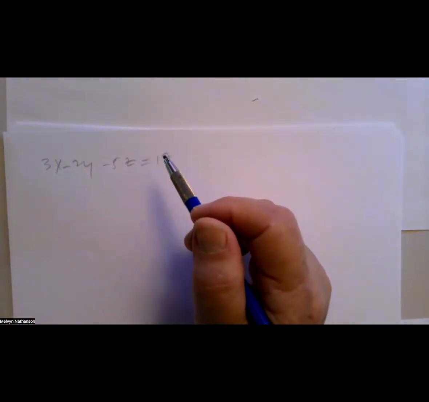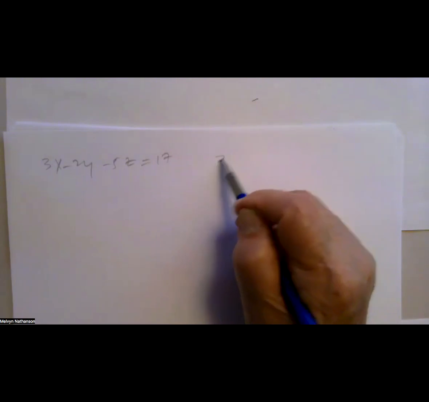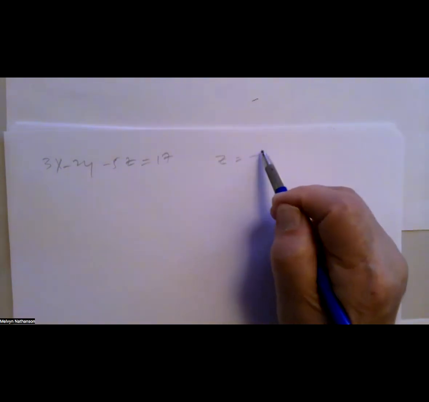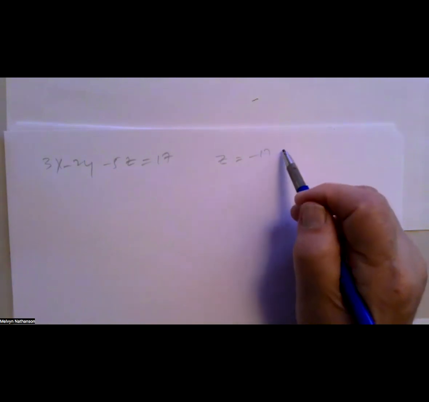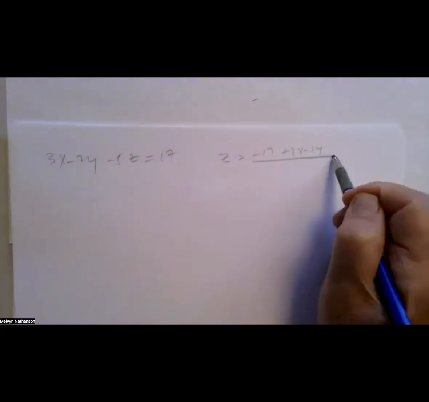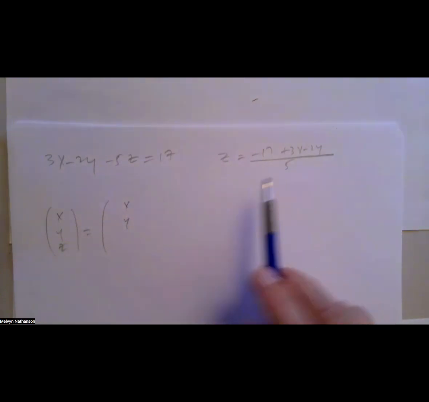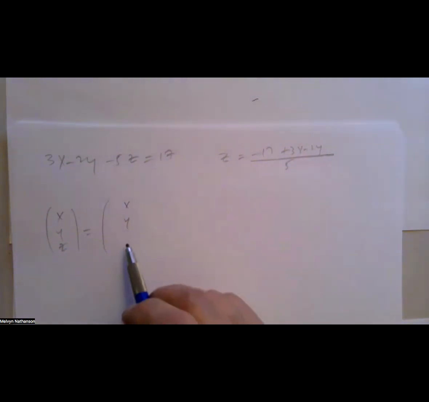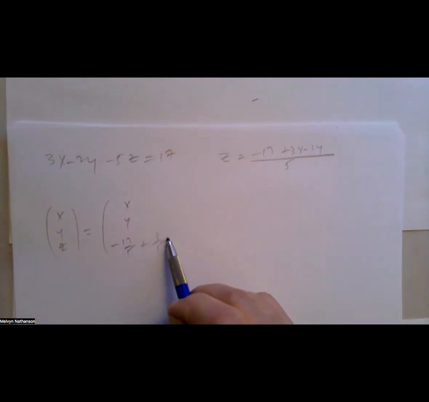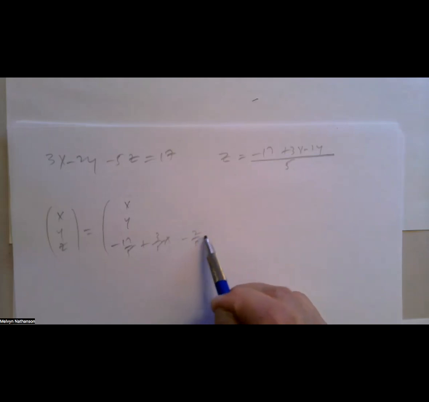And we solved for z, we got z is equal to minus 17 plus 3x minus 2y divided by 5. So the general solution of this equation is x, y, z equals what? Choose any number x, choose any number y, but once you choose x and y, z is determined. z is minus 17 over 5 plus 3 over 5 x minus 2 over 5 y.